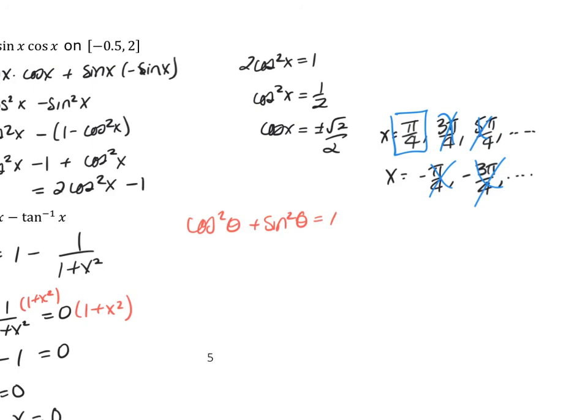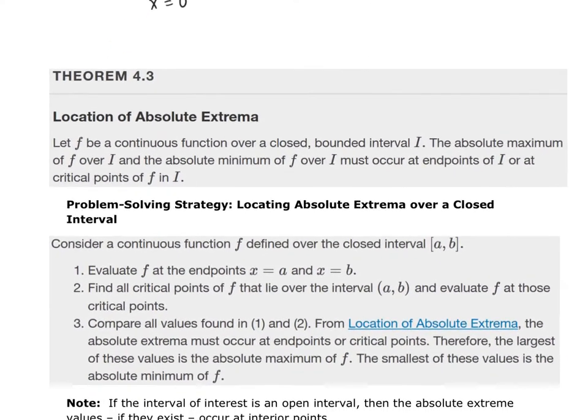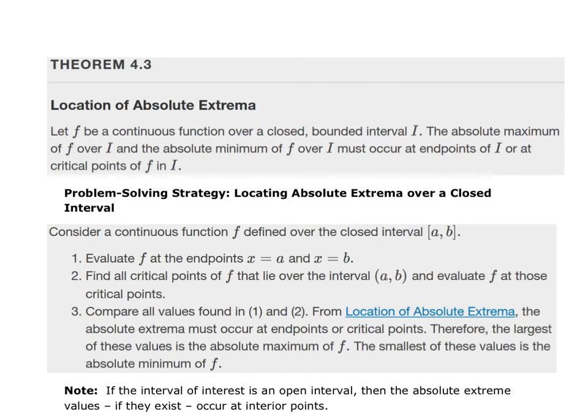Not at all. So the location of the absolute extrema, I'll let you read through that. All right, so the location of the absolute extrema says that it must happen in the interior, possibly at the ends, if we have a closed interval, if it's a continuous function.